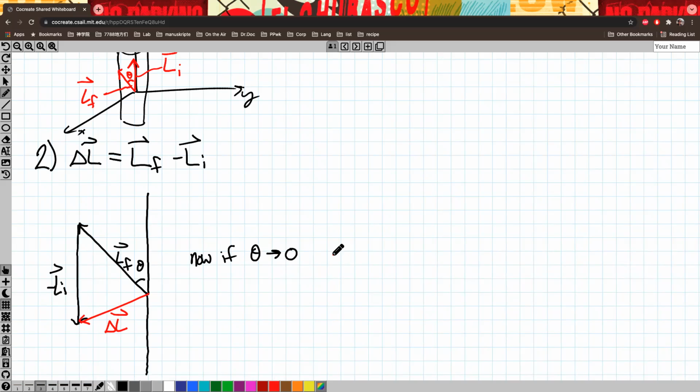Okay, so if theta goes to zero, we basically have this vertical line again, and this vector LF, with an angle of basically theta being zero.